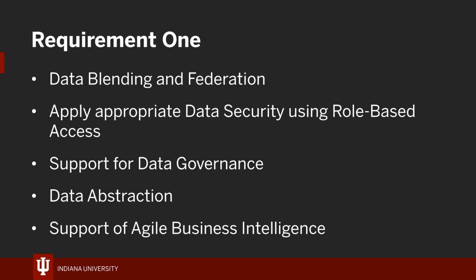Our legacy data warehouse had a homegrown role-based access solution, which generates all kinds of performance overhead. And so is there a better way that would integrate in our particular environment? Is there something that will support data governance, do data abstraction, and help us as we were inventing, for our purposes, what the heck even is Agile business intelligence?